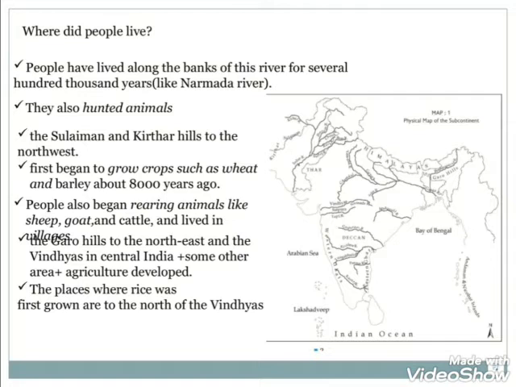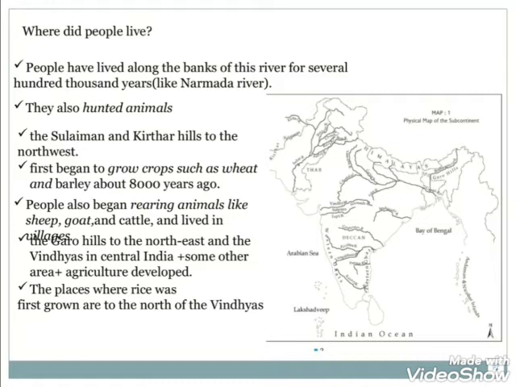Now you can find the river Indus and its tributaries. Indus has five tributaries: Sutlej, Jhelum, Ravi, Beas, and Chenab. Tributaries are smaller rivers that flow into a larger river.